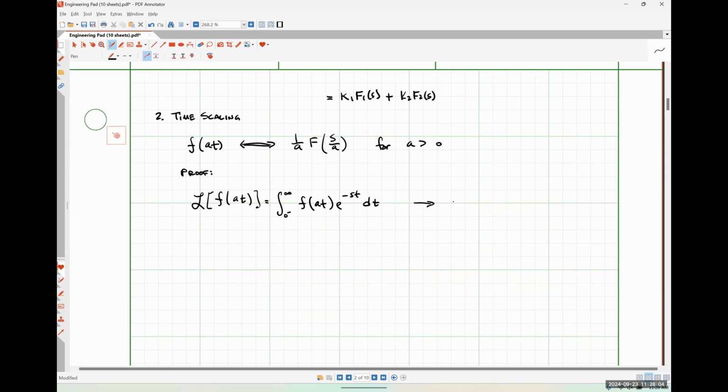I am going to define a new variable, tau, that is equal to at, and thus dt will be 1 over a times d tau.